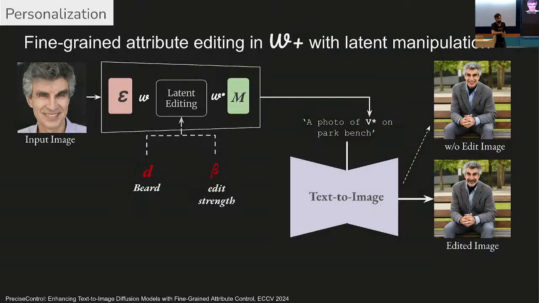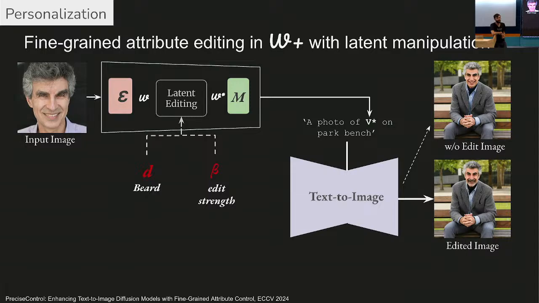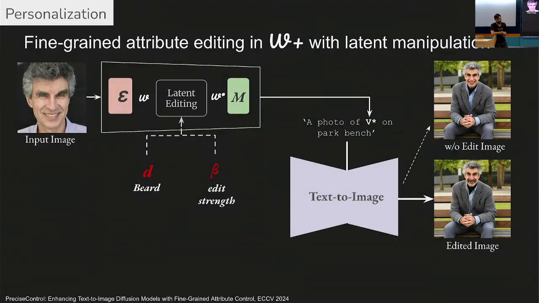The direction for beard is already there, but it's just for StyleGAN's cropped faces. I will give you some papers to read. It's very simple, because the space is already very smooth.